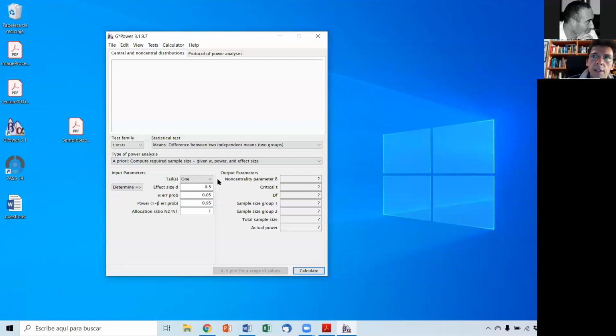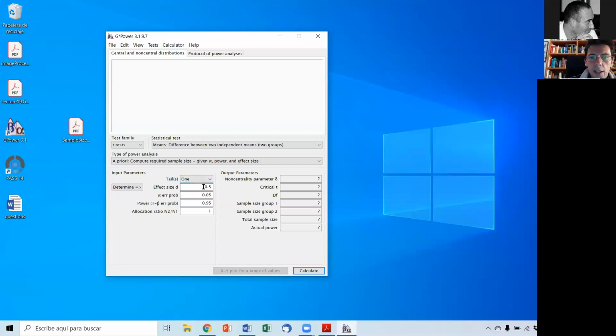You are not interested in showing that this drug increases the lesion. If it increases, I don't care. It might be that the drug is particularly harmful in that case, but I don't want to show that. What I want to show is only when it decreases. So it is a one-tail test.